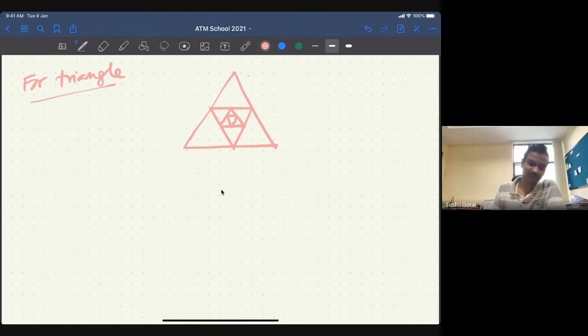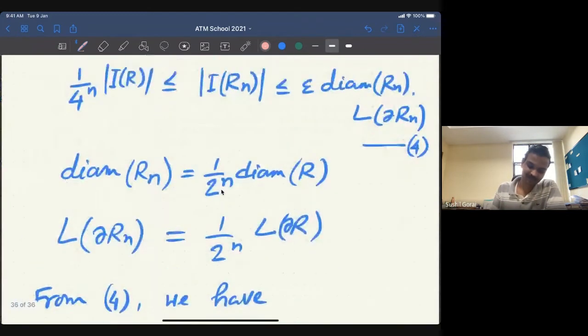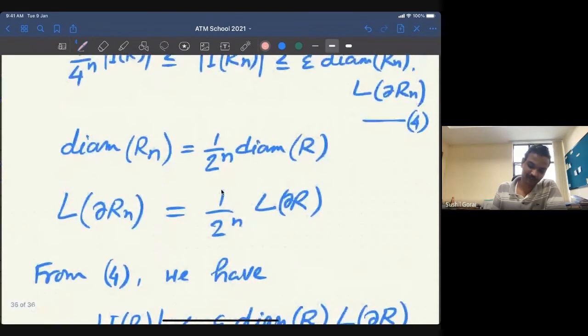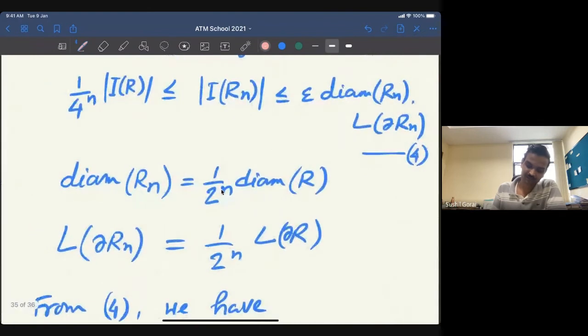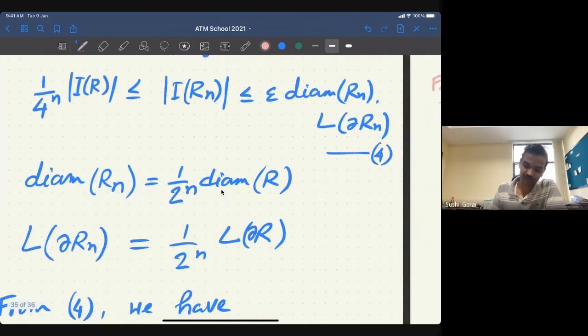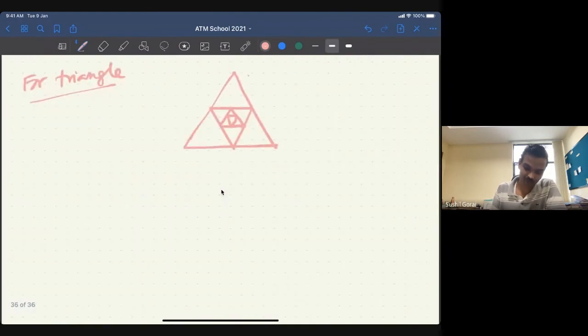And use the same method. So instead of this 2 to the power n, there will be some power of 3 or 4, yeah, actually 4, 1 over 4 to the power n.